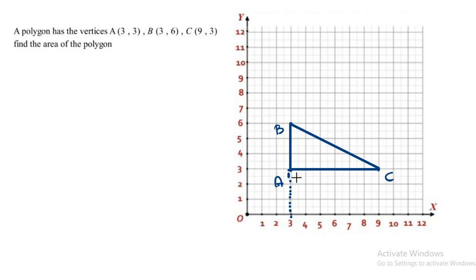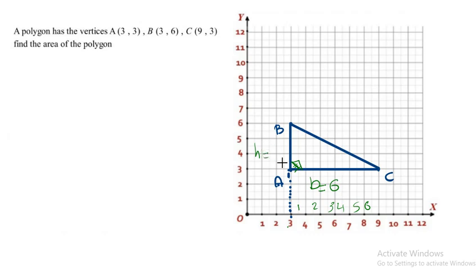Now connecting these vertices with straight lines, we have a right angle triangle. Its base, AC, equals from 3 to 9. How much do we move? We move 6 units. 1, 2, 3, 4, 5, 6.